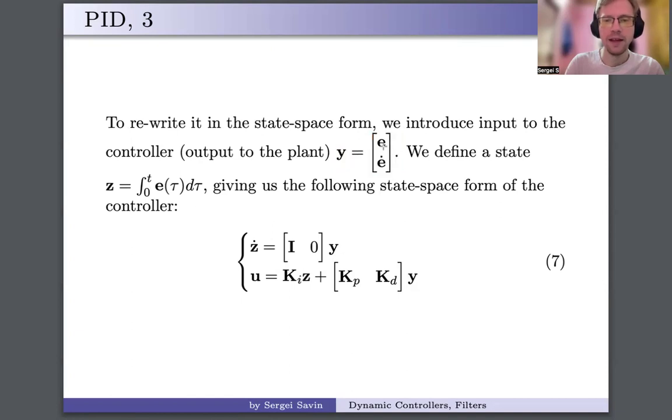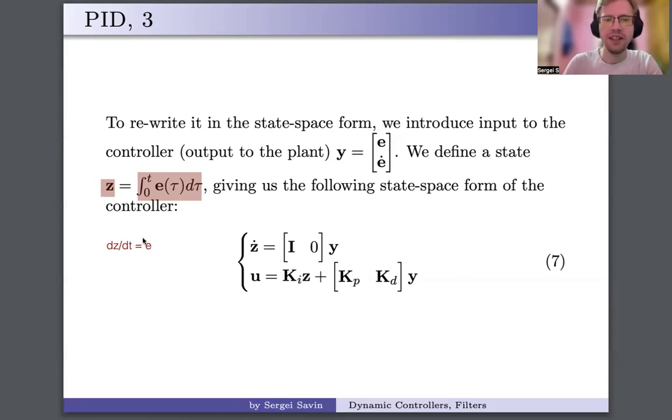Okay. Now we can define a state z, which is equal to the integral of the control error. This is going to be the state of our controller. Well, if we differentiate this state, what we get is dz/dt is equal to e, right? dz/dt is equal to e.